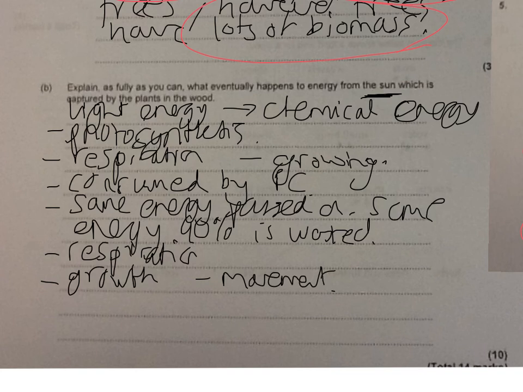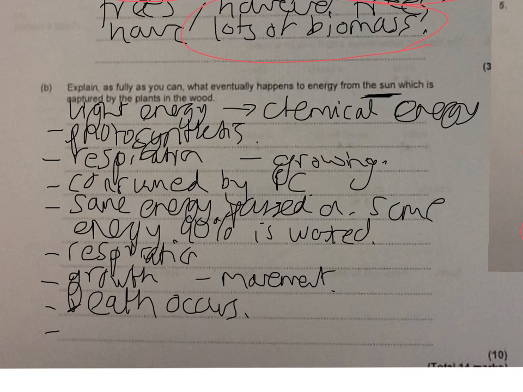Okay, so finally, that energy gets passed on from one animal to another through food chains. It goes from your primary consumers, secondary consumers, tertiary consumers, until eventually those organisms die. So death occurs. And that means that a lot of the energy that was in them is now trapped.